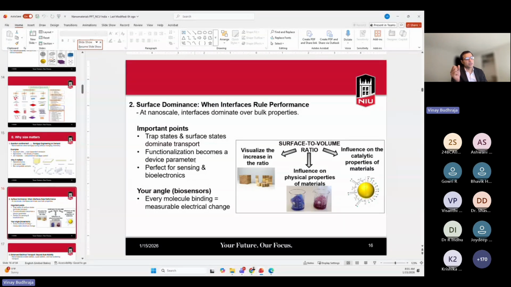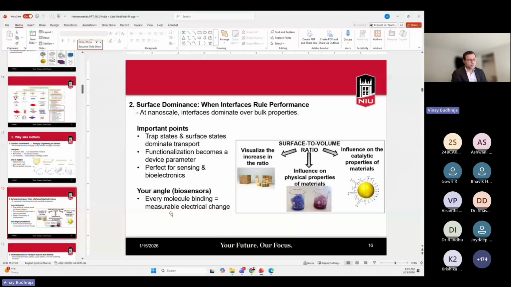Functionalization means how the atoms respond with respect to the biosensing application. In a sensor it is called the functionalization mechanism, and it is perfect for sensing and bioelectronics. Every molecule binding measures an electrical change. This is one of the very important sentences.